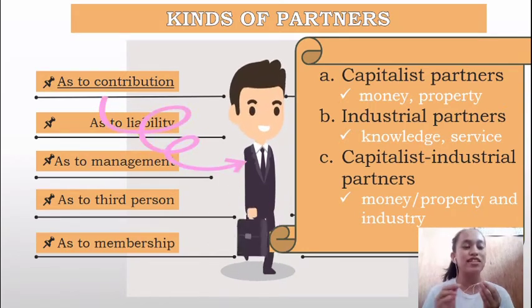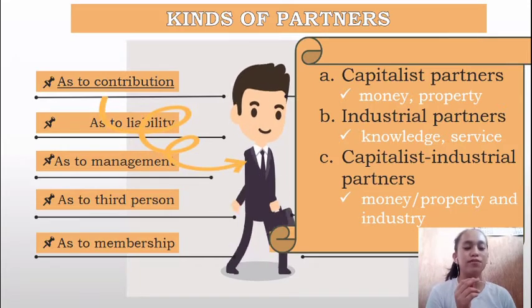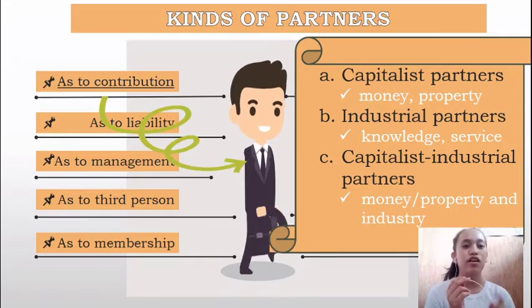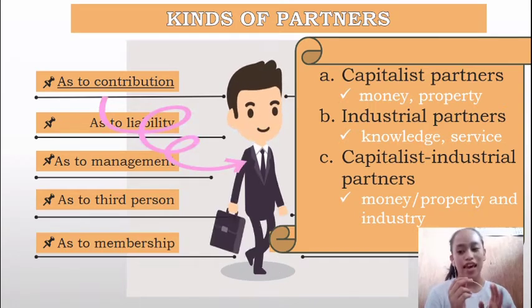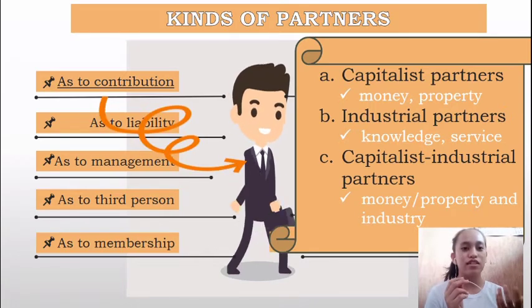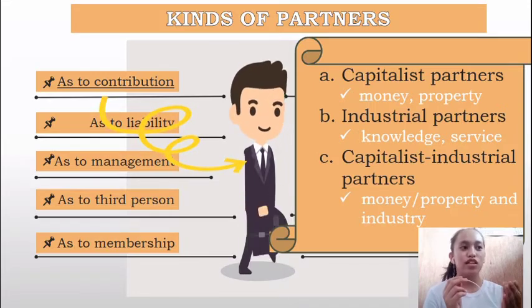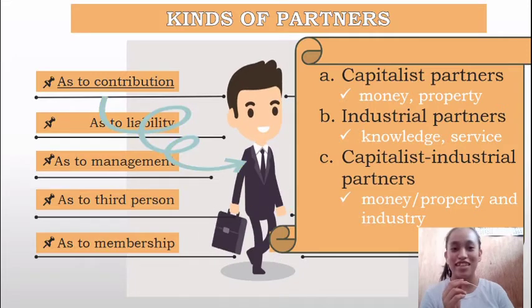The capitalist-industrial partners are the people who contribute money or property and industry, or the combination of the three: money, property, and industry. It is the contribution to the business.